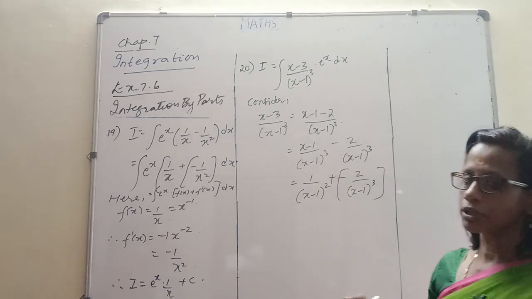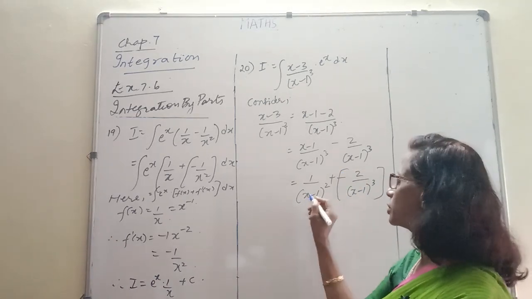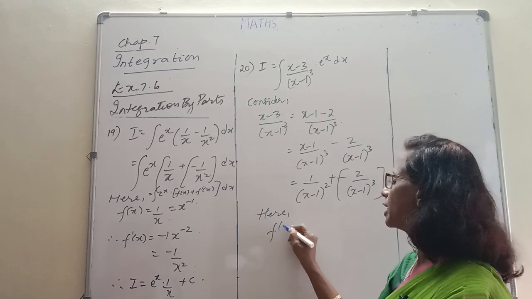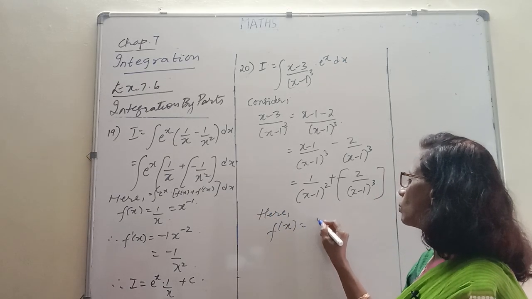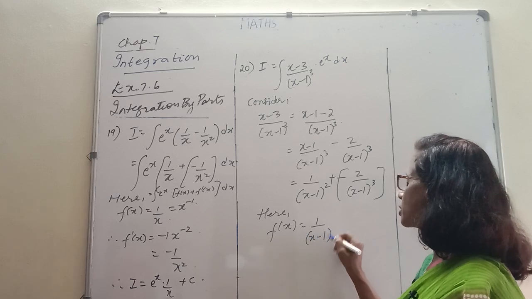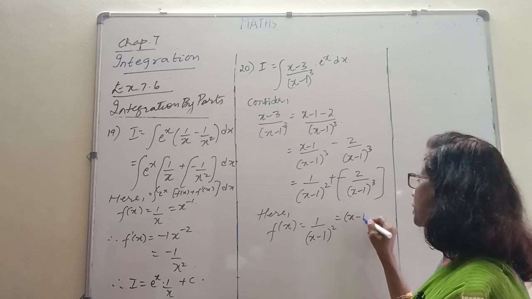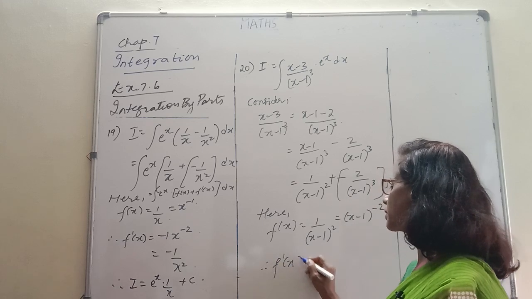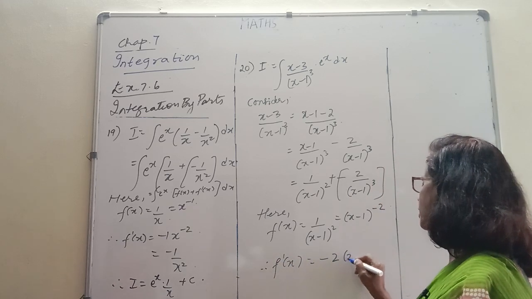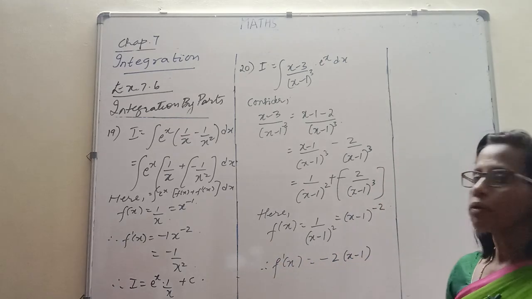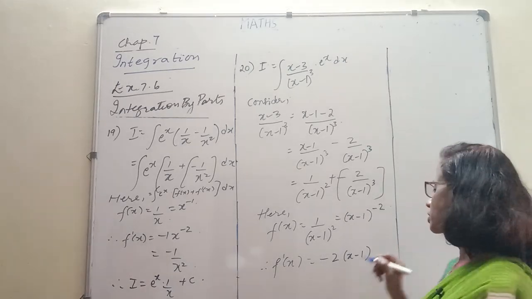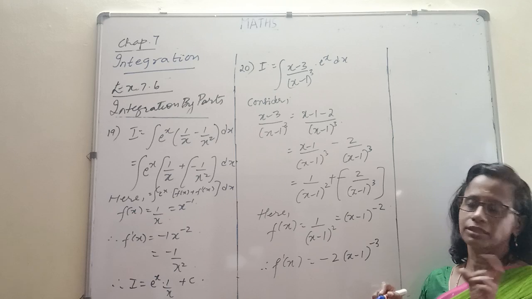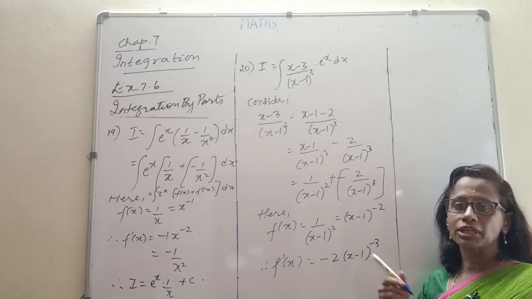Now this is fair enough for us to find out what f(x) and f'(x) are. Consider this as f(x). Let's check if it comes out like that. If f(x) is 1/(x − 1)², which means (x − 1)^(−2), let's look at f'(x). Using n x^(n−1), it is going to be −2 (x − 1)^(−3), and because x is linear here, you treat it like x itself.